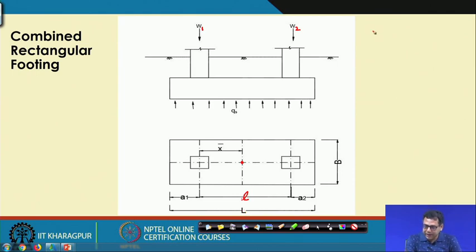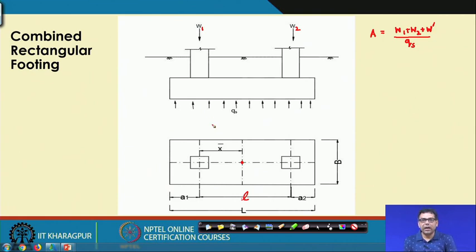Now, the area will be equal to (W1 plus W2 plus W dash) divided by Q safe. Okay.